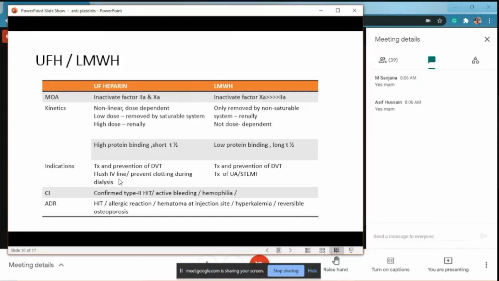Now you might be wondering, can we use unfractionated heparin for 3 to 5 months? Usually at hospital we use unfractionated heparin because it requires monitoring, but we usually go with low molecular weight heparin if the patient can inject sub-Q. Patients can administer low molecular weight heparin like insulin.